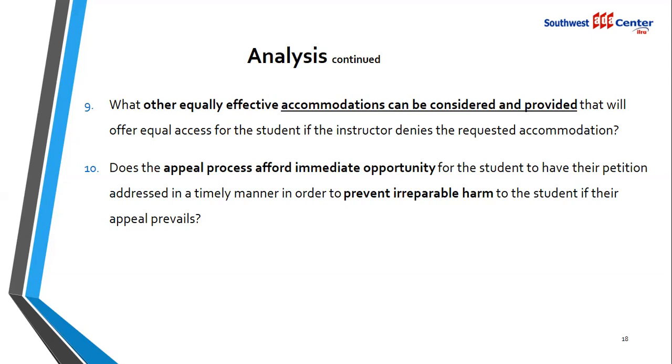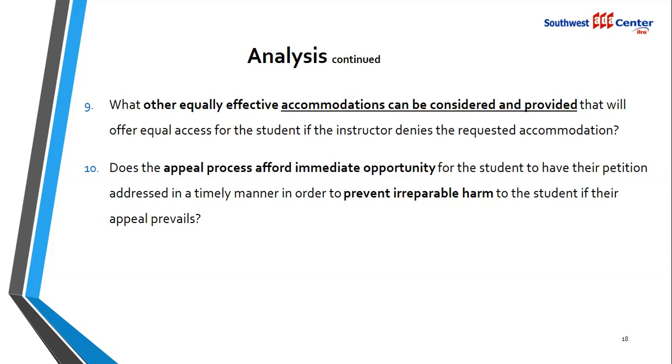Number 10. Does the appeal process afford immediate opportunity for the student to have their petition addressed in a timely manner in order to prevent irreparable harm to the student if their appeal prevails? This is so important. In terms of higher education, it moves forward. It stops for no one. You have classes. Classes don't stop meeting. It moves forward.